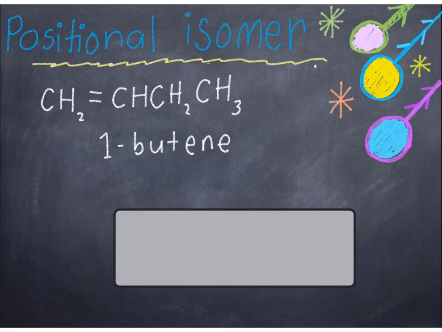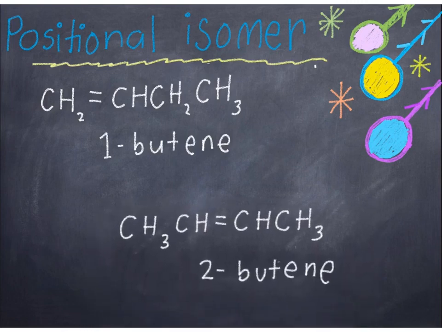But what I'm going to do, I'm going to change the position of the functional group. So what is the functional group present in this structure? It's actually carbon-carbon double bond. So I'm going to reposition the carbon-carbon double bond. You're going to get this structure.